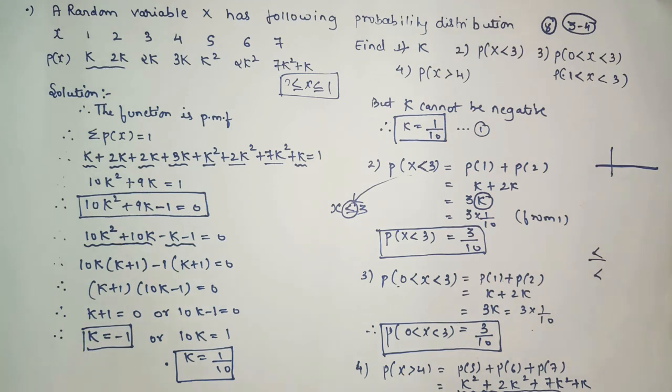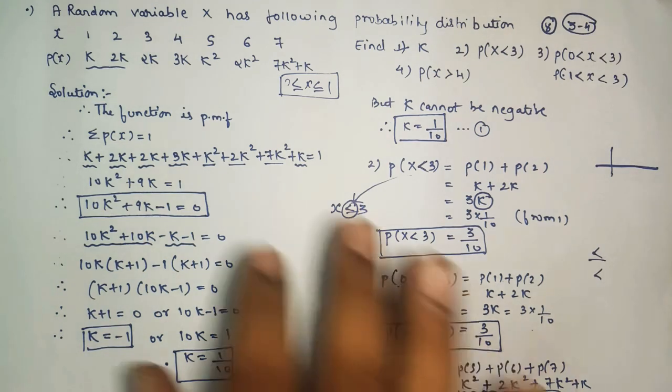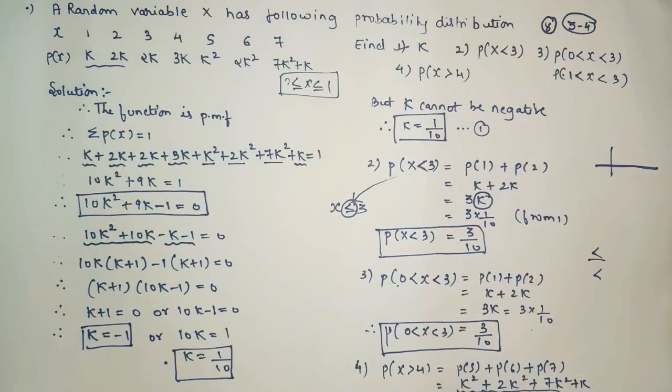So we'll take one more example of the same type where you have to find the value of k, and after finding k, you also have to find E of X, V of X and SD of X. I hope you all know how to find E of X, V of X and SD by constructing a table. So let's move on to the next sum.